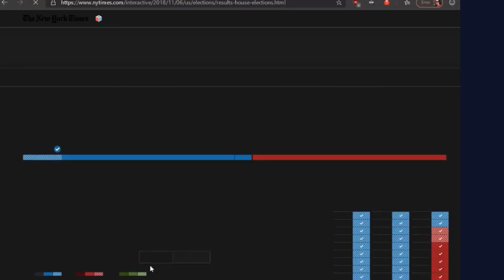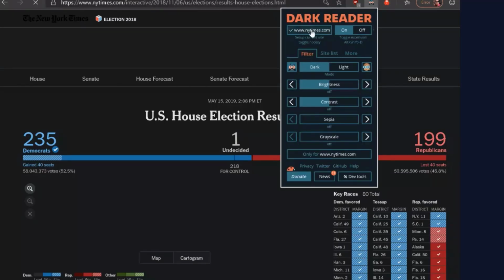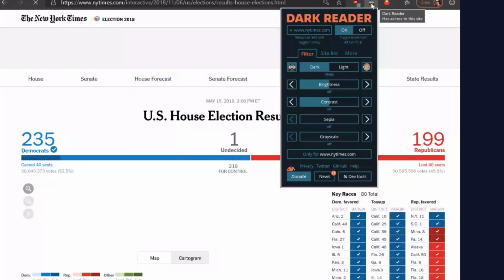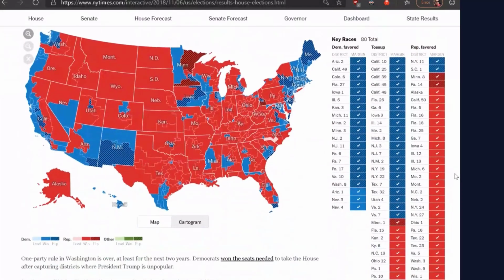Okay. And so we have, I'm going to make this not dark here for a sec, so we can blind you. There we go. All right, so here's a map showing the House of Representatives elections. If you were looking at this map, you would say, hey, most of the elections went to red Republicans.